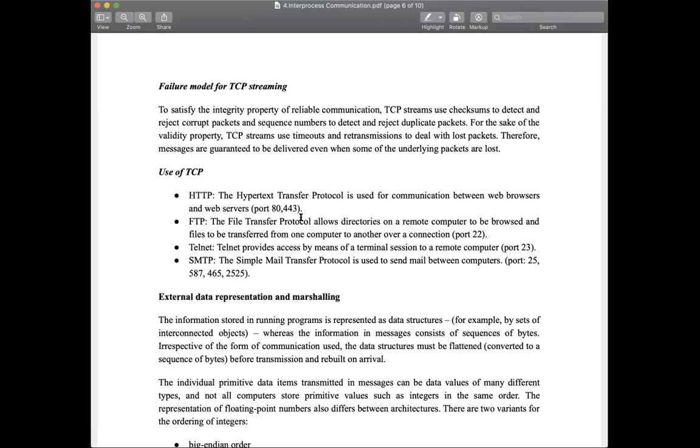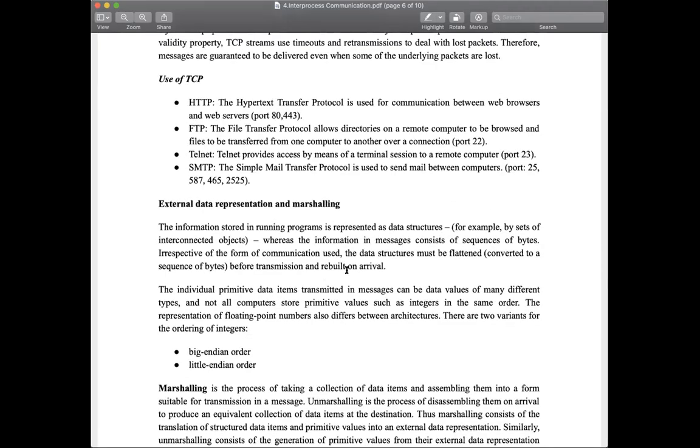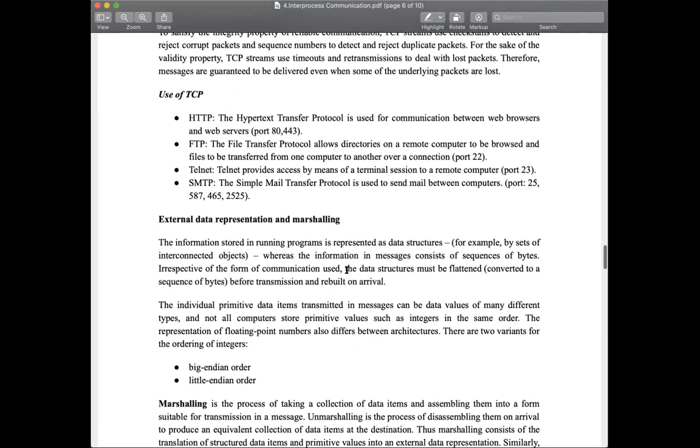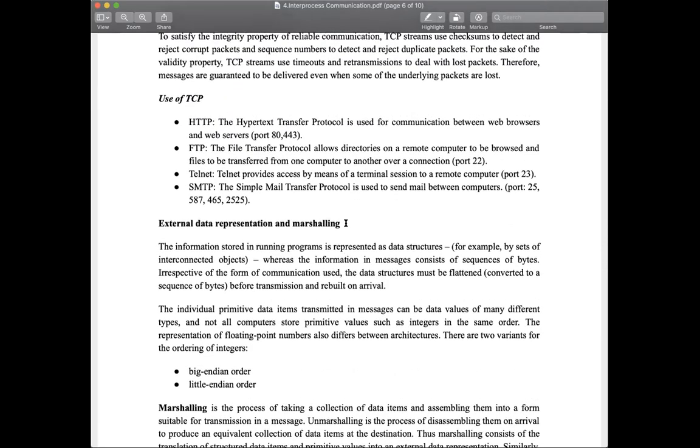Likewise, SMTP, the simple mail transfer protocol, uses 25. Port 25 is kind of the default, but there can be some other ports as well, right? So this is about UDP and TCP.